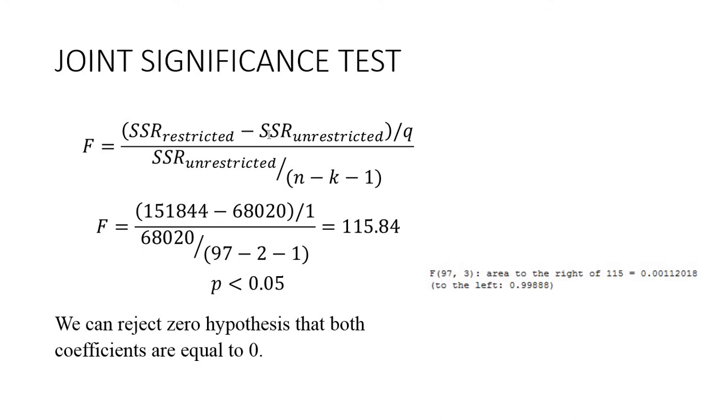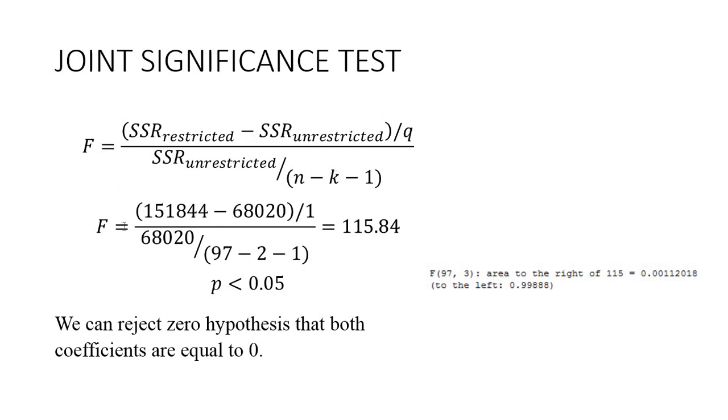Then the sum of squared residuals from the unrestricted model, and Q, the number of linear restrictions. I omitted one variable, that's why Q will be equal to 1. N stands for the number of observations, K stands for the number of independent variables, and 1 is 1.